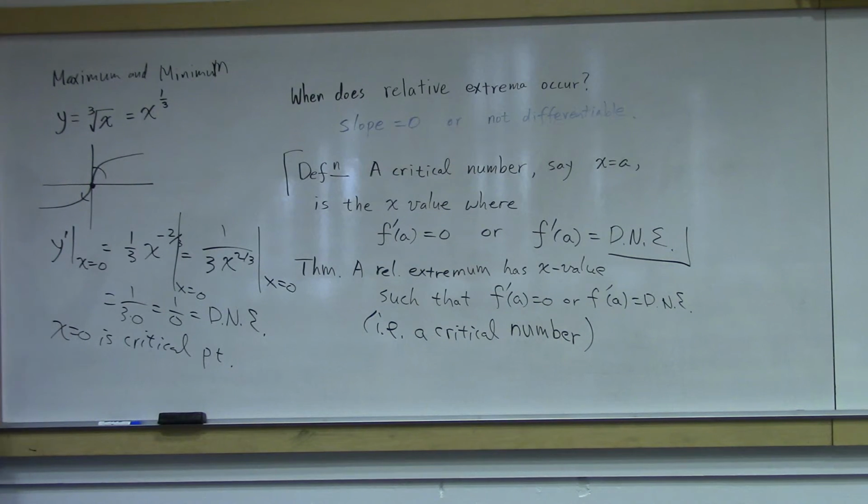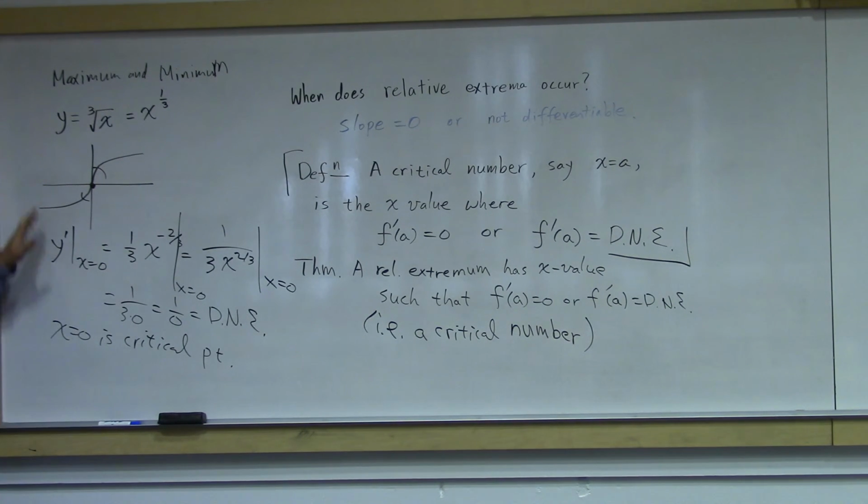So no matter how small you take the neighborhood, you always have some portion that's bigger and some portion that's smaller. So it's neither a relative maximum nor relative minimum. Therefore, being a critical point does not guarantee that you have a relative extremum. However, the opposite is true. If you have a relative extremum, then it must happen at a critical number. Okay?